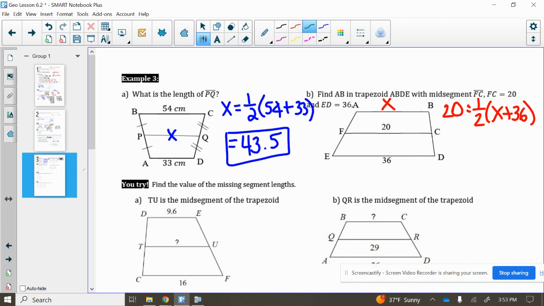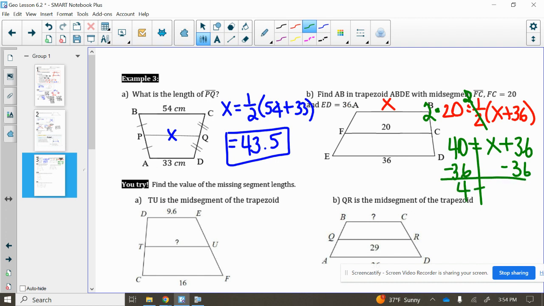Now, instead of distributing this 1/2 to both sides, to get rid of the 1/2, what we're going to do is multiply both sides by 2. So if we double the mid-segment, it equals base plus base. And then last but not least, subtract over, and we have our missing base would be 4 units.